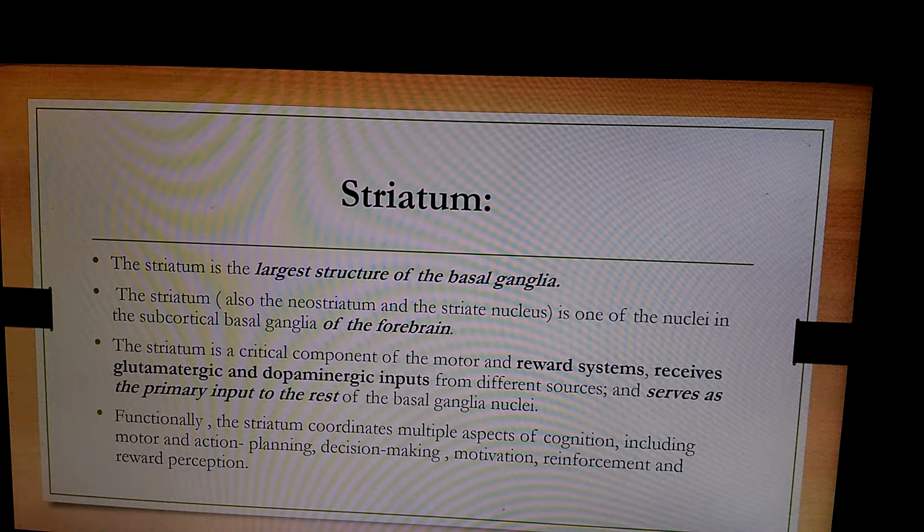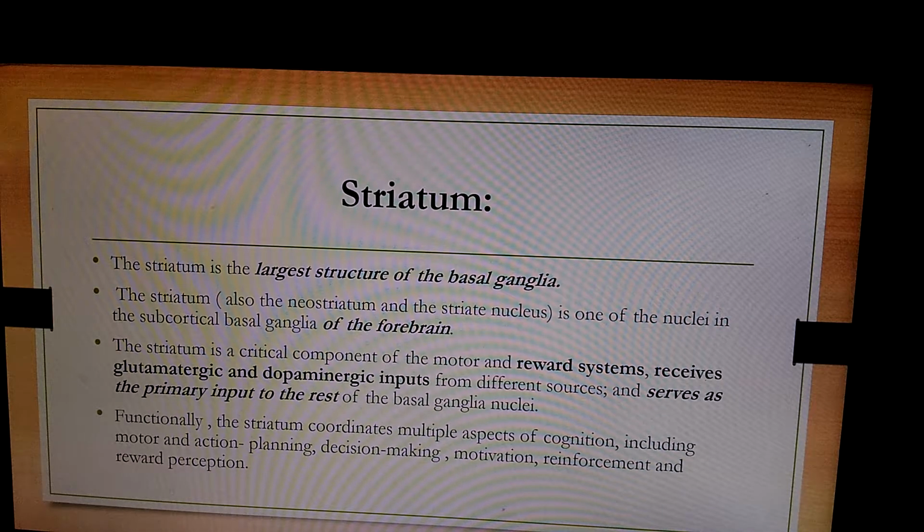The striatum is a critical component of the motor and reward systems, receives glutamatergic and dopaminergic inputs from different sources, and serves as the primary input to the rest of the basal ganglia nuclei. Functionally, the striatum coordinates multiple aspects of cognition, including motor and action planning, decision making, motivation, reinforcement, and reward perception.